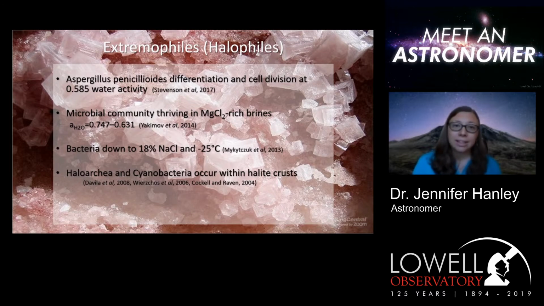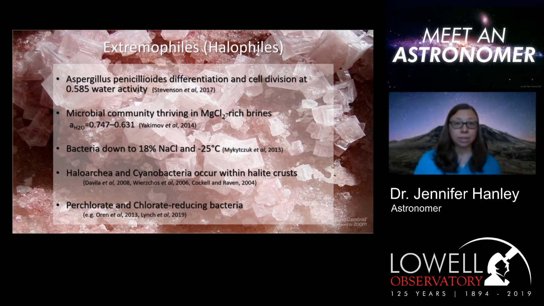And that's pretty remarkable. The organisms living in these halite crusts were able to utilize those deliquescence events and actually get liquid water more frequently than if they had needed pure water. And last, there are some examples of perchlorate and chlorate-reducing bacteria, using those extra oxygens as an energy source.